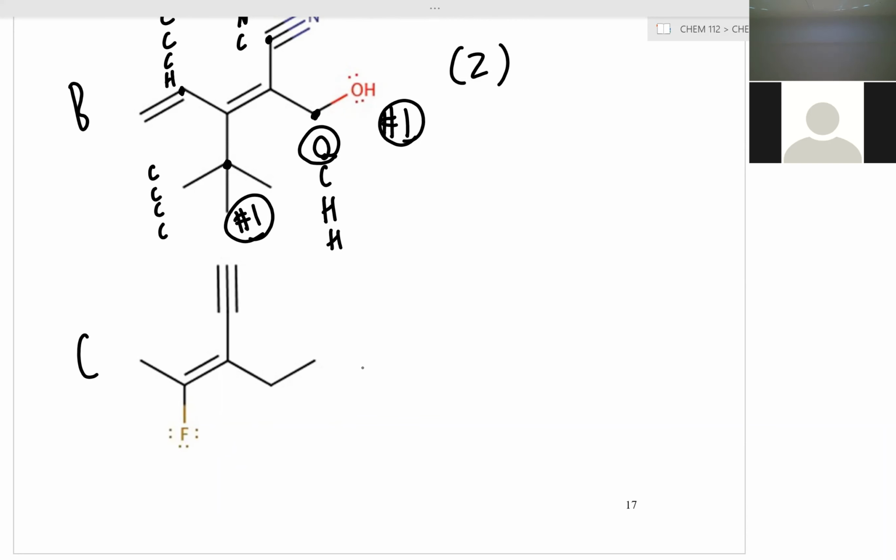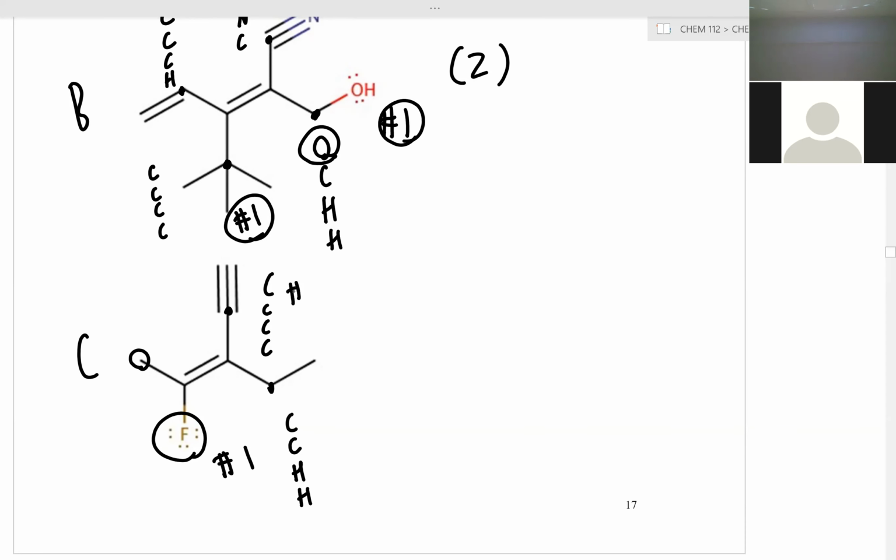Let's take a look at this example. First and foremost, if we compare fluorine to carbon, fluorine's the clear winner. Now let's look at this next example. We have a carbon that's attached to 4 carbons versus a carbon that's attached to 2 carbons and 2 hydrogens. So what's higher priority, the ethyl group or the alkyne?